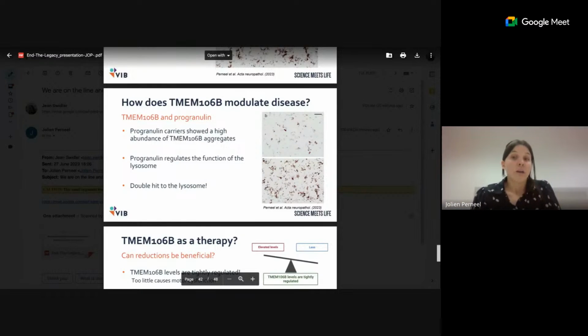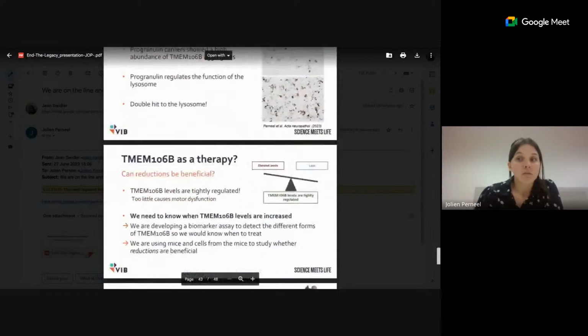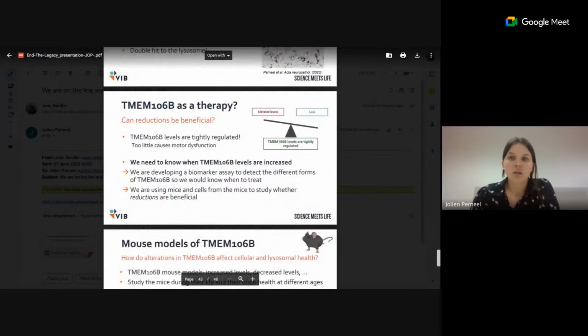I hope to have shown you that TMEM106B is important, and this of course raises the question whether TMEM106B can be targeted as a therapy. But can reductions of TMEM106B be beneficial? The problem with this approach is that TMEM106B is very tightly regulated, and we found that too little actually causes motor dysfunction.